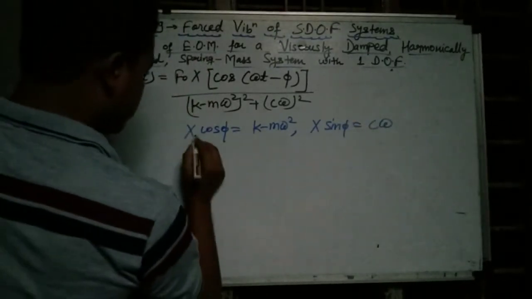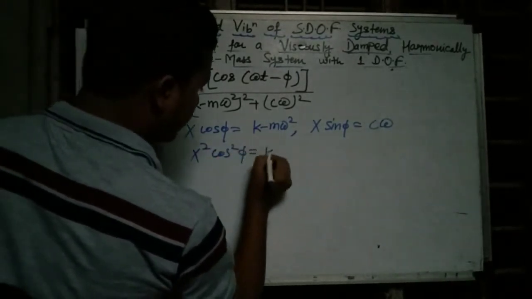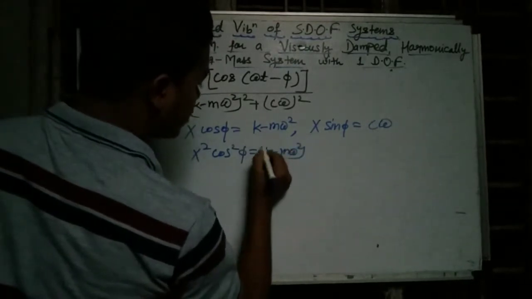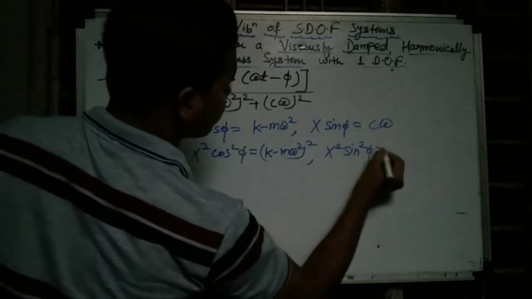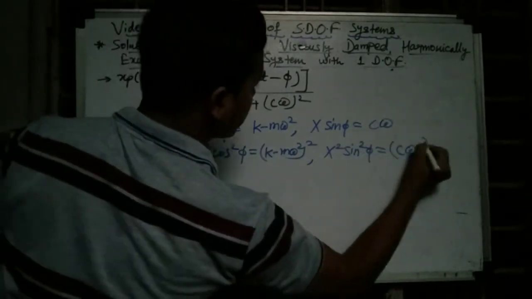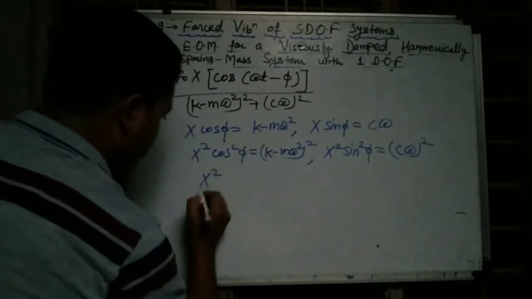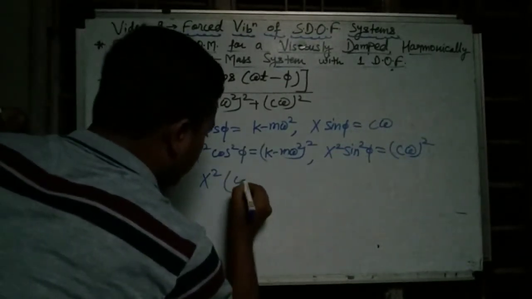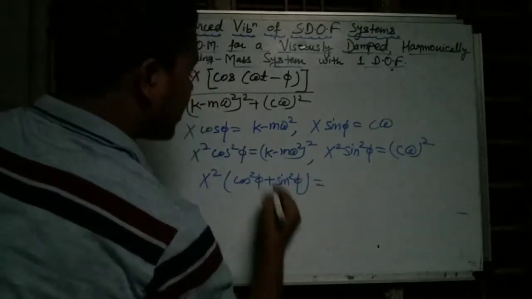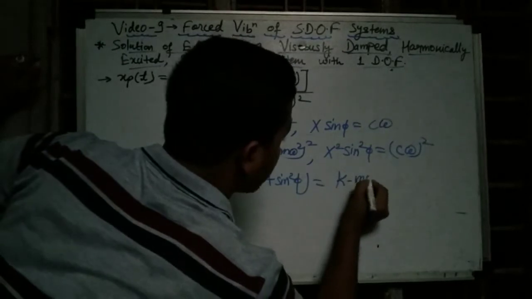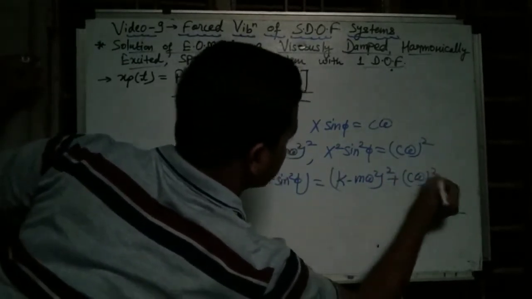If you square these, X square cos square phi will be equal to k minus m omega square whole square, and X square sin square phi will be c omega whole square. If you add both expressions, X square will be common, and X square into cos square phi plus sin square phi equals k minus m omega square whole square plus c omega square.